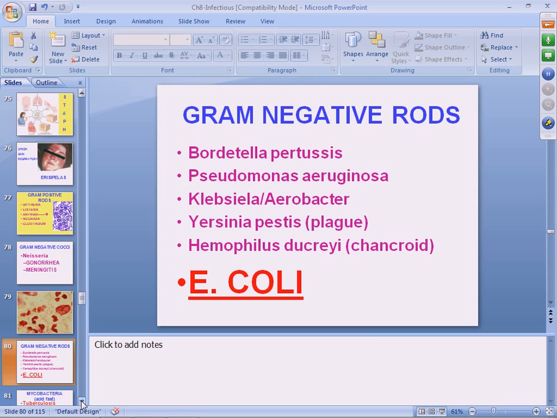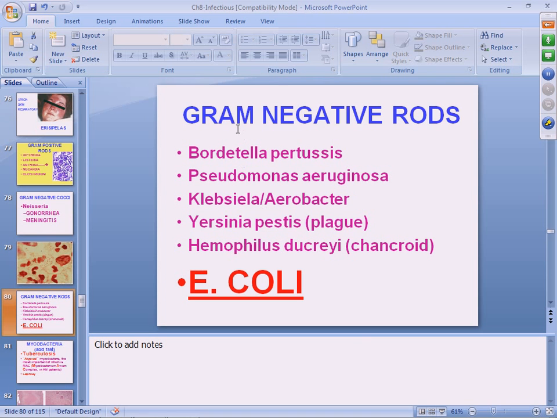Here are the common gram-negative rods. As a review again, E. coli always at the top of the list. It seems like Pseudomonas and Klebsiella always follow E. coli. You used to remember that whooping cough, pertussis, is also a gram-negative rod.